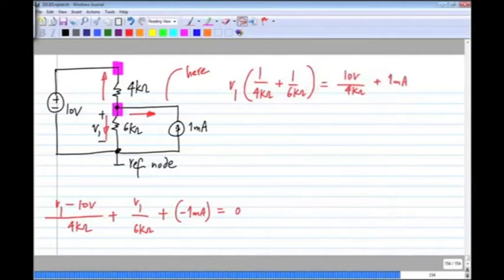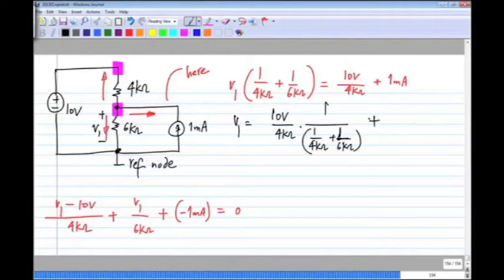This is what we'll have. So V1 will be 10 volt by 4 kilo ohm divided by 1 by 4 kilo ohm plus 1 by 6 kilo ohms, plus 1 milliampere divided by 1 by 4 kilo ohm plus 1 by 6 kilo ohms. Okay.